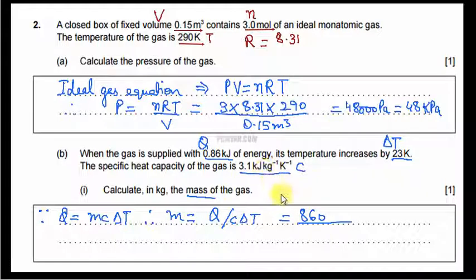So when you multiply it by 1000, you get 3100 joules times the change in temperature, delta T is 23, and when you solve this you get 0.012 kilograms as the mass of the gas.